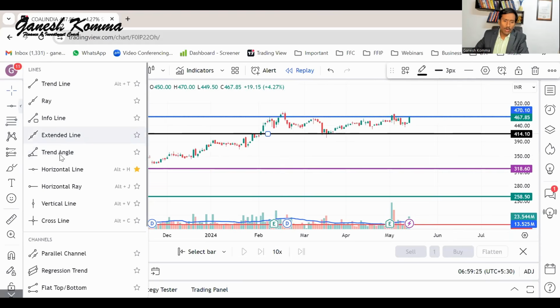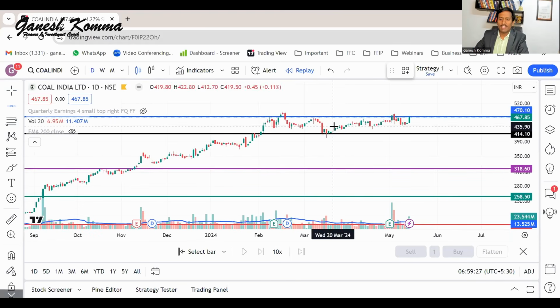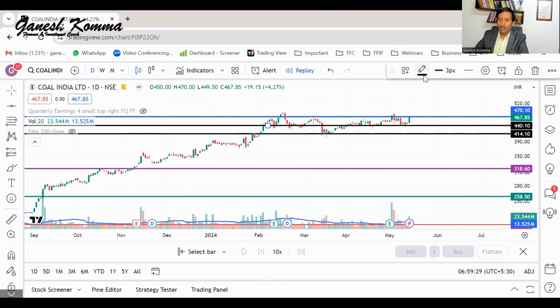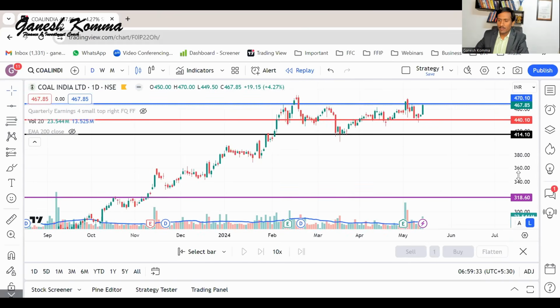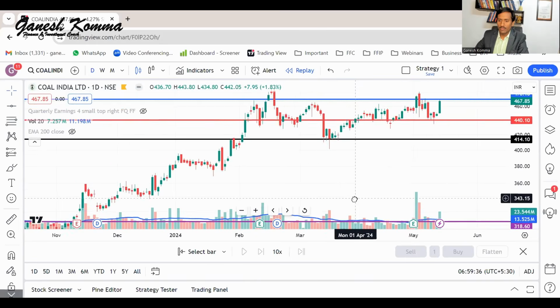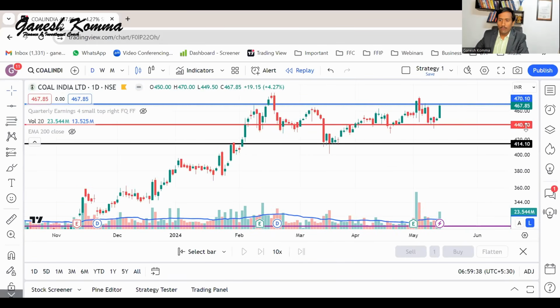And I wanted a very nearest support line. If you connect here, you can just expand your chart. If you see here, 440 is the nearest support line, because it has formed a support from almost all this period.